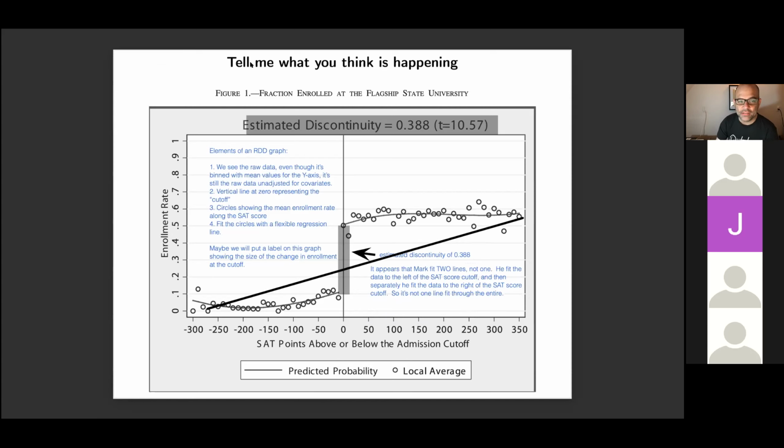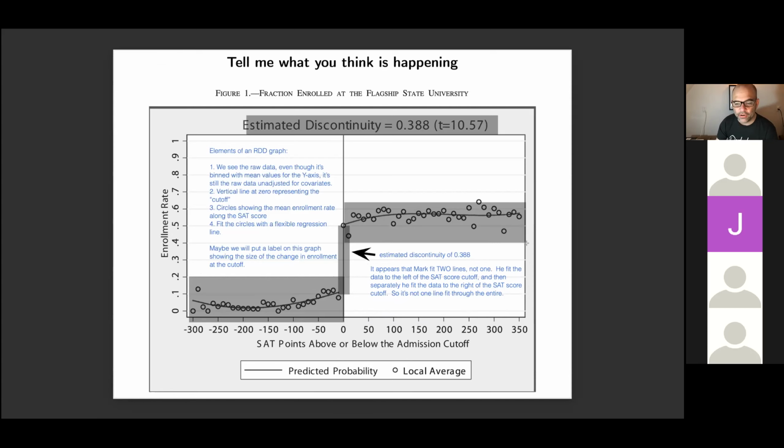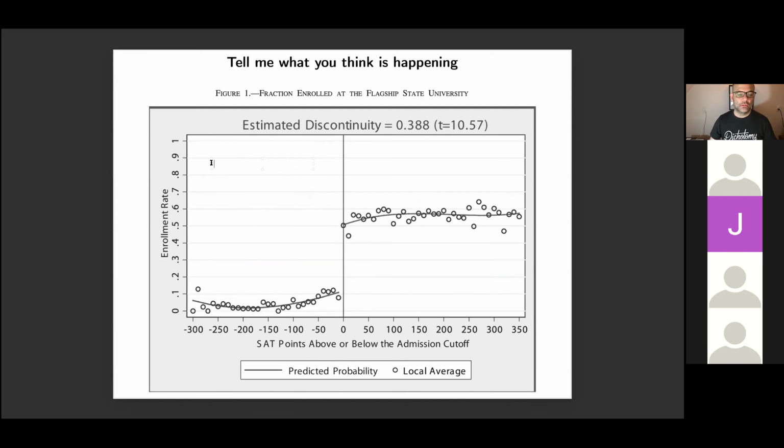He instead says, take just this data here, fit a line. Take just this data here, fit a line. So he's fitting 2 lines, and then he's comparing the 2 lines here to here. All right. Why is he doing this? So what?